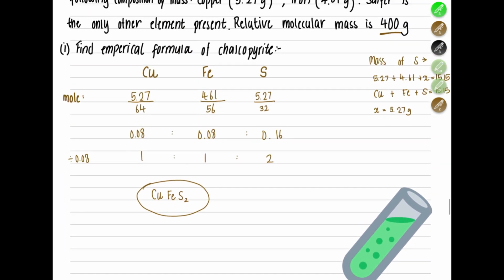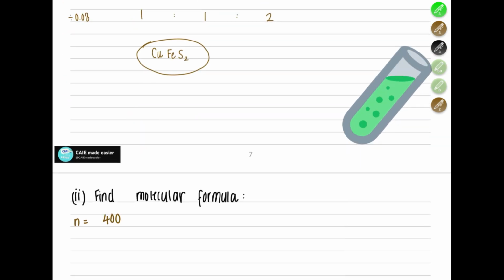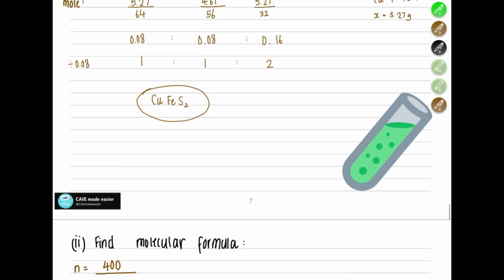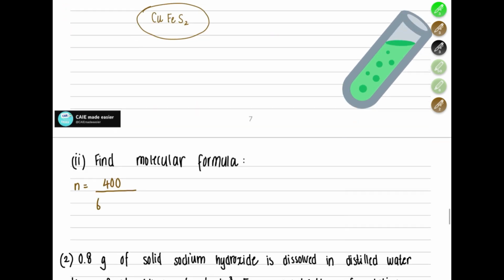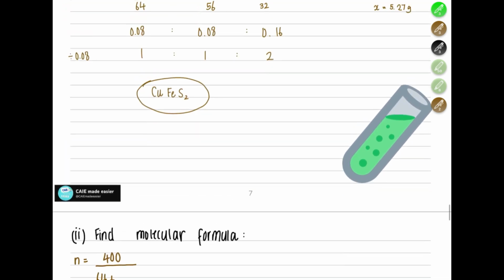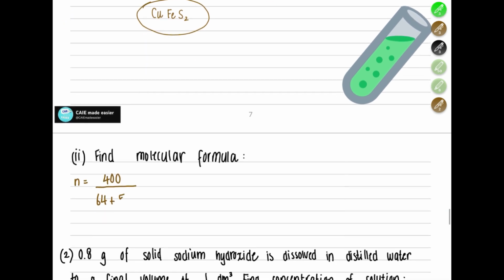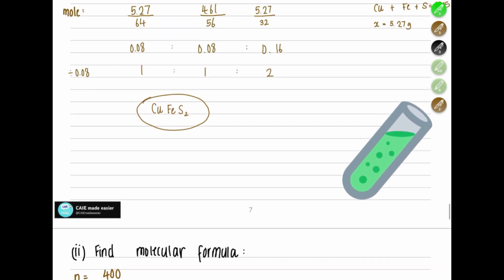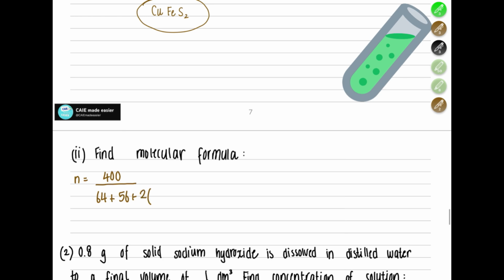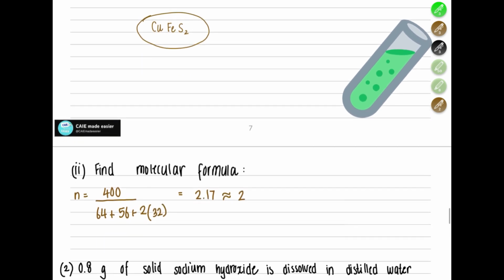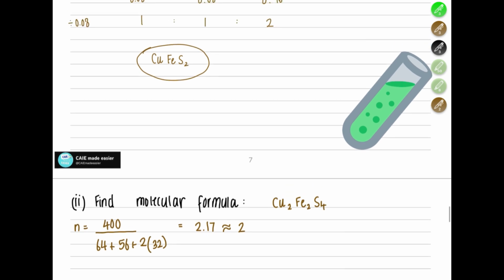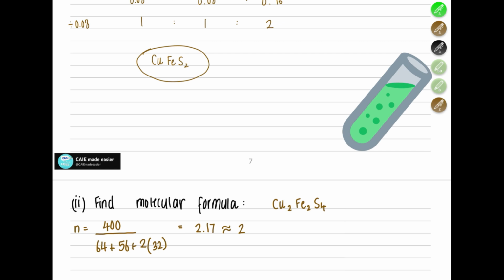So this is going to be 400 divided by the empirical formula mass. So we have 1 copper, 64, plus Fe, iron is 56, plus we have S2, 2 of sulfur, so 2 into 32. Now if we multiply 2 with our empirical formula, it would give us Cu2, Fe2, S4. Just note that this is not the real molecular formula, this is just based on our calculation.